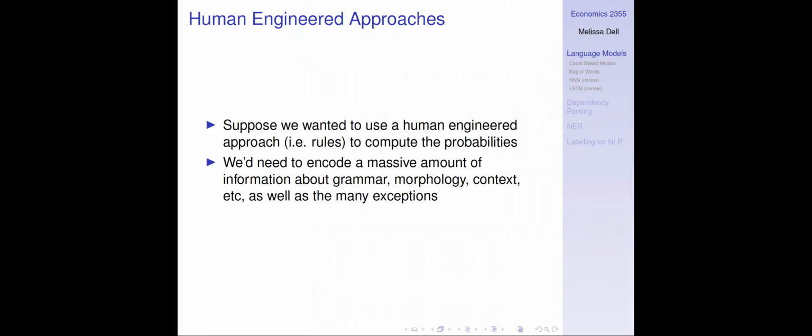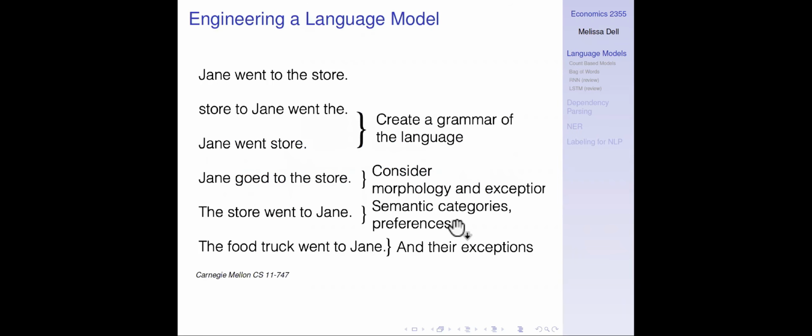So let's think a little bit about what would happen if you were trying to use rules to do NLP tasks. All you want to do here is engineer your own language model. You want to say, is this sentence likely to appear or unlikely to appear?